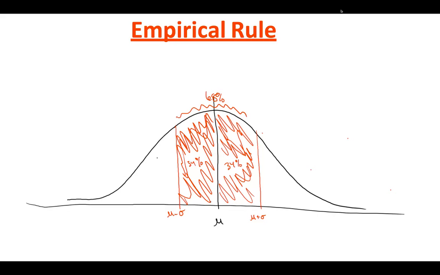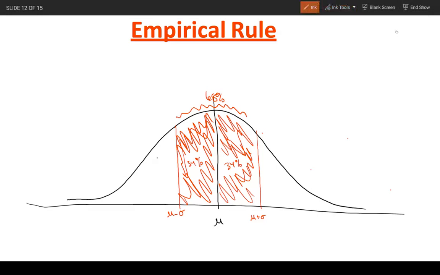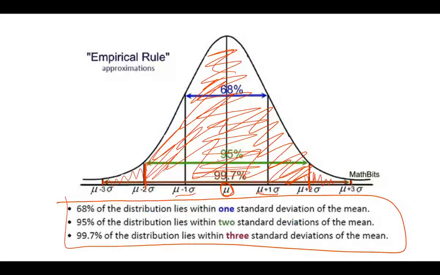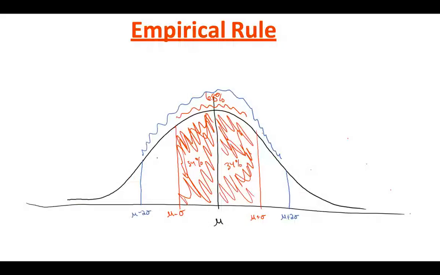Now if I were to extend this out a little bit further, to two standard deviations of the mean, so mu plus 2 sigma and mu minus 2 sigma. If we look back, we said that 95% of the data lies within two standard deviations of the mean. So 95% there, which means a couple things.